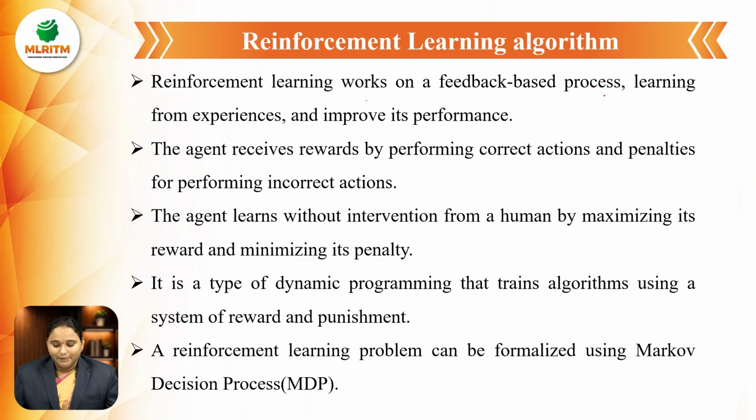Next, another algorithm is reinforcement learning. It is a feedback-based process, learning from experiences and improving its performance. We take the feedback first. After that, if any changes or modifications happen, it learns from the feedback and from the experiences. After that, it improves the performance. In this, we have past, present, and future; all of these are covered.